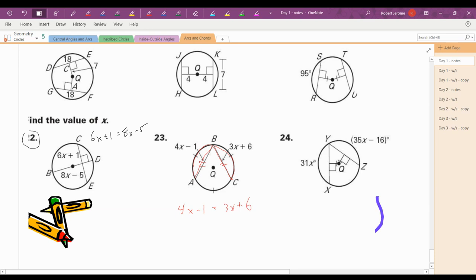And then finally, we have the same reasoning in number 24. Since the chords are equal distance from the center, then the chords are congruent. And since the chords are congruent, then the arcs are congruent. So we're just pairing two of those rules. Since the chords are the same distance from the center, then those chords are congruent.